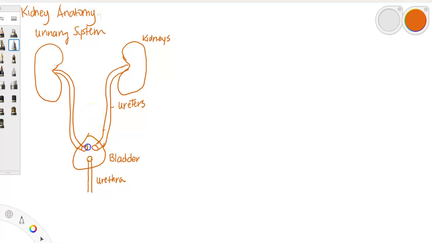And if you kind of draw a little line here, kind of that and that, you get a little triangle there. That little triangle is called the trigone. Okay?